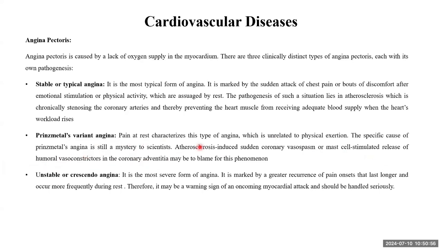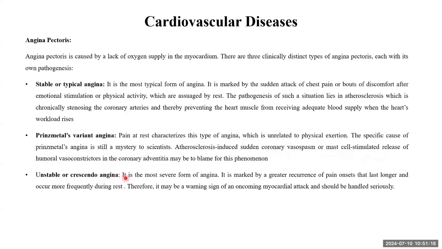So these can be induced by sudden coronary vasospasm, due to any reason, I would say, or due to any kind of anaphylactic shock or mast cell stimulated release of humoral vasoconstrictors.